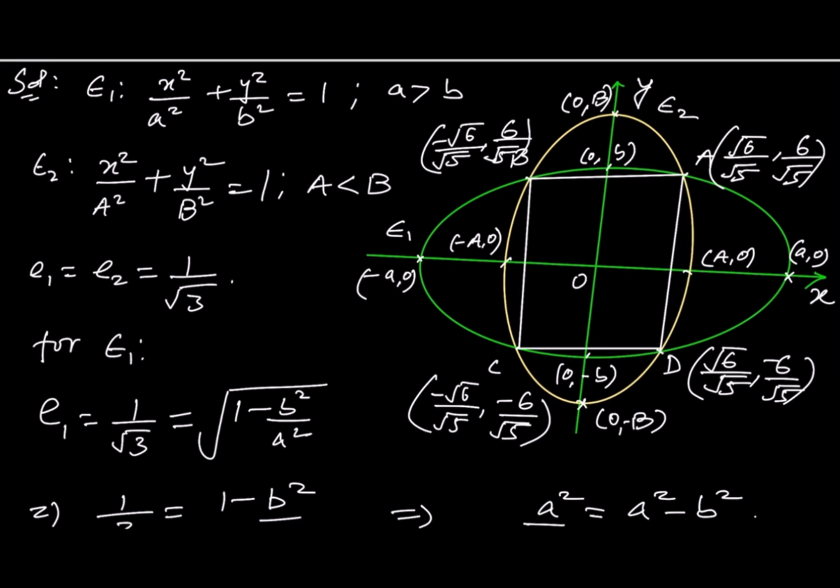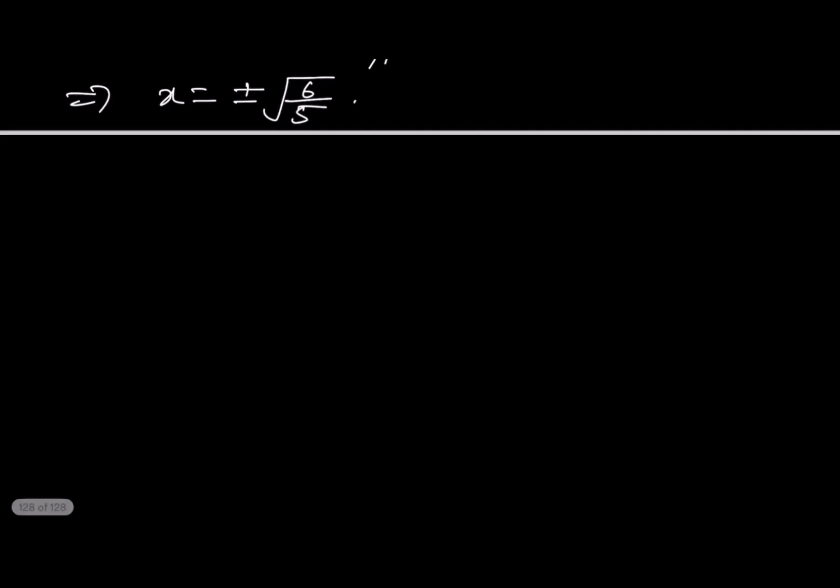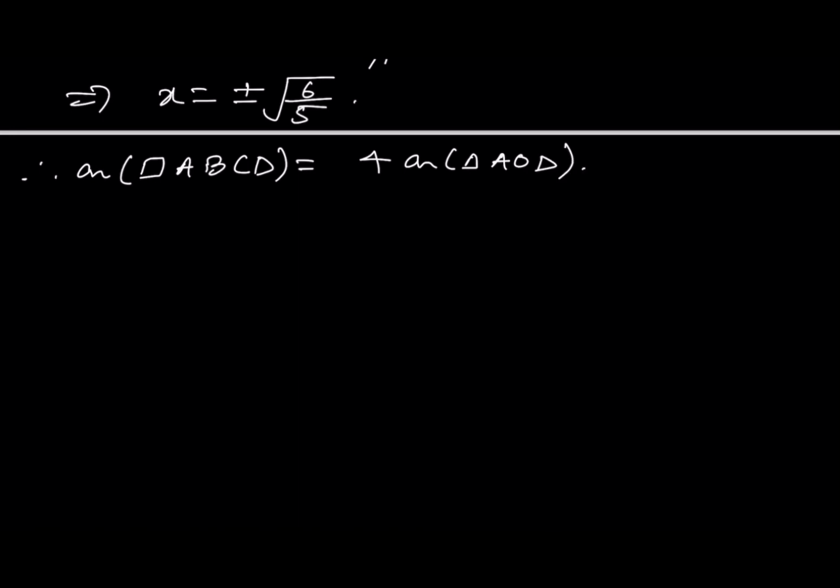So if I use triangle AOD, we can say the area of rectangle ABCD is nothing but 4 times the area of triangle AOD, right? So therefore the area of quadrilateral ABCD is nothing but 4 times the area of triangle AOD, which is 4 into 1 by 2 base.